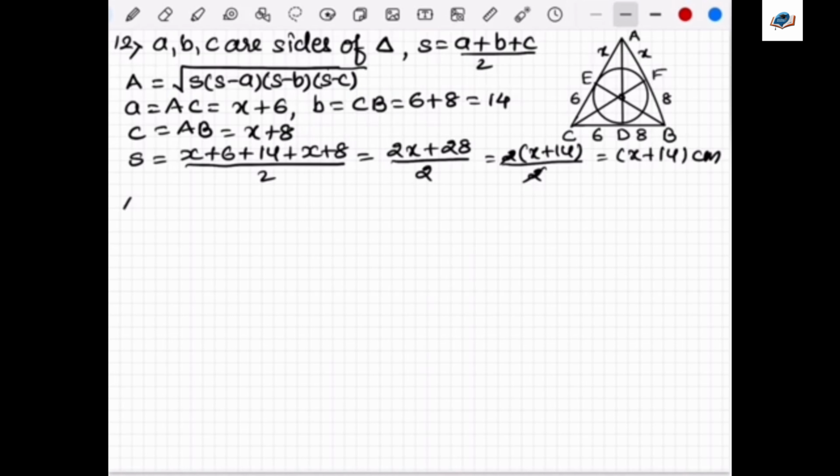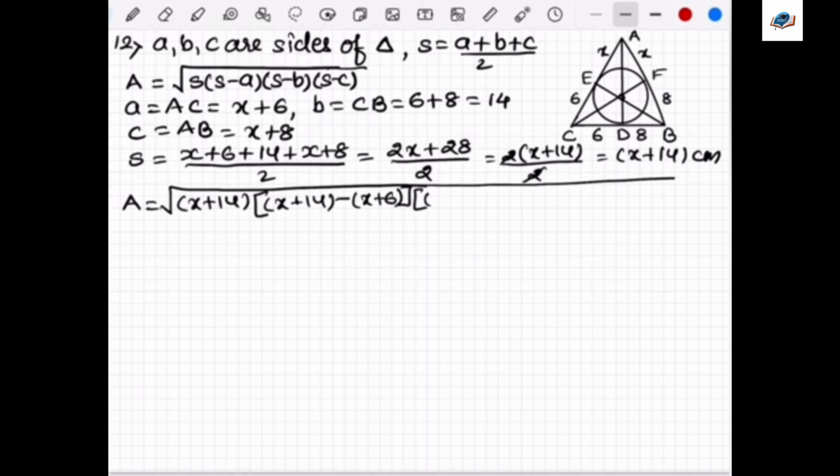Now x plus 14, S minus B. So S will be x plus 14 minus 14. So this I am writing directly. And the third will be x plus 14 minus C, or S minus C. So that will be x plus 8.